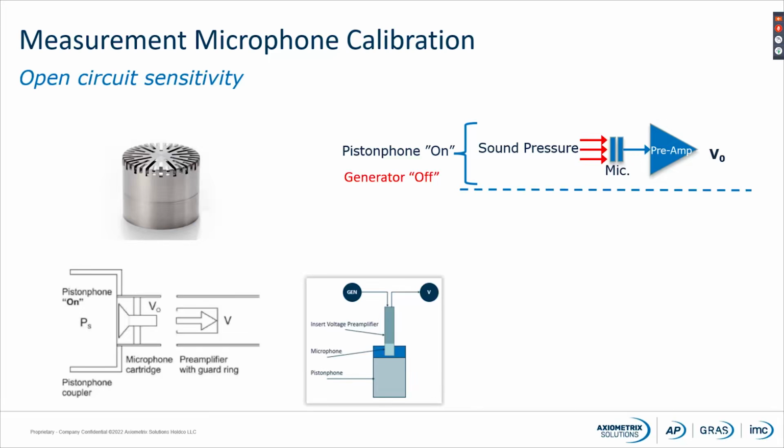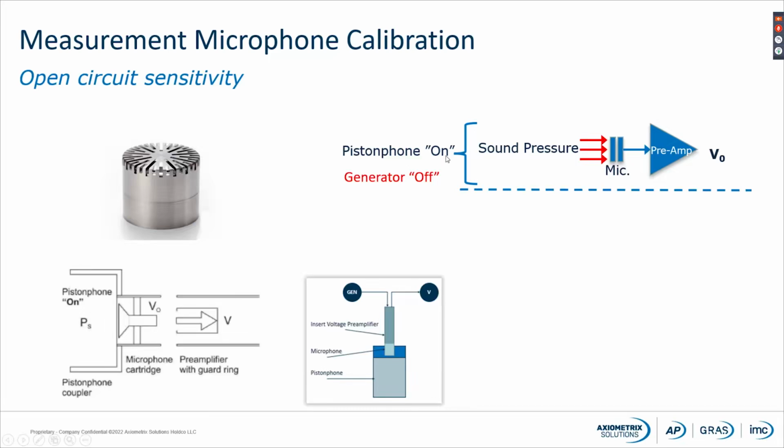If we look at the picture down here, in an insert voltage amplifier we have the possibility of having a generator signal, a voltage input to the amplifier, where we are using the microphone as an input capacitor. But let's have a closer look at this.